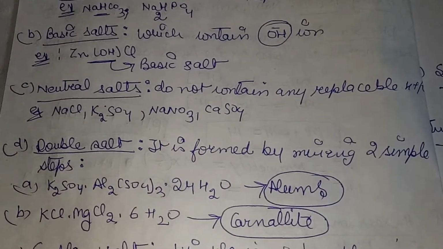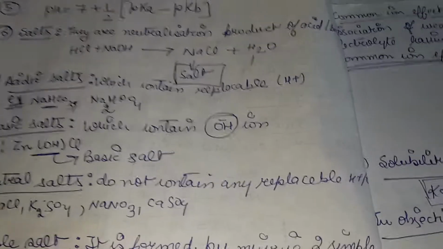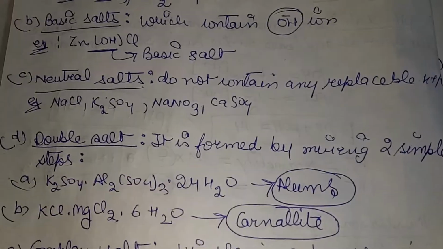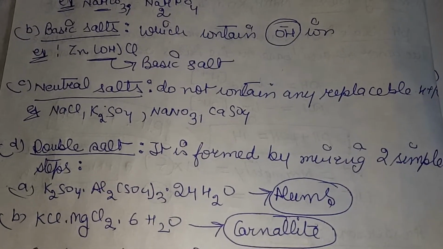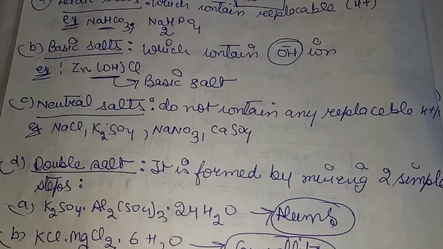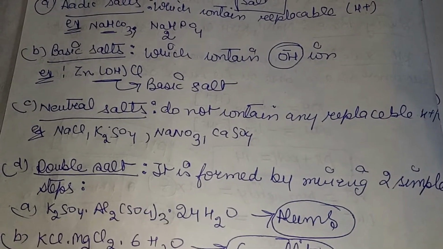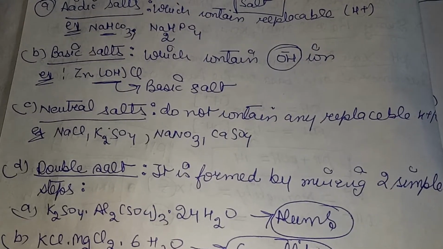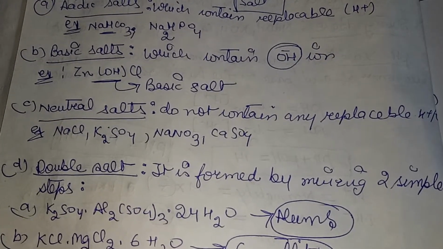Neutral salt. What are neutral salts? HCl plus NaOH will give NaCl. So NaCl is which kind of salt, basic or acidic? Neither does it contain H ion, nor OH ion. So which category of salt is it? It is a neutral salt.